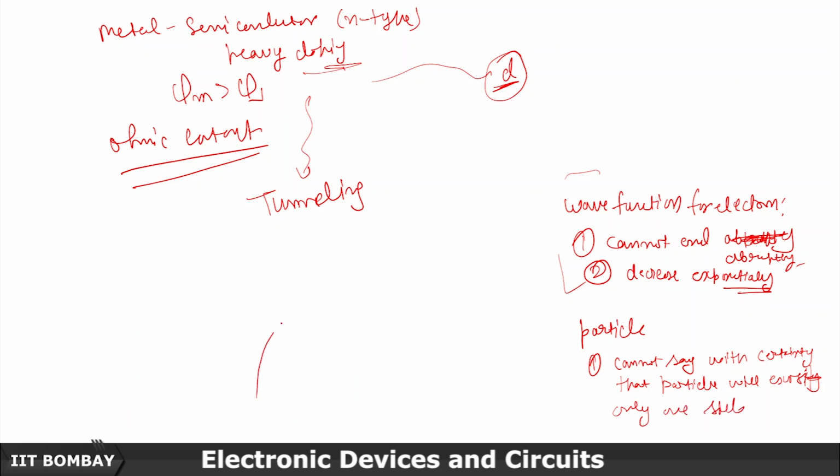So if it is a wave function, something like that, and this barrier is there, some probability has to be there, right? And there is no classical analog for this tunneling, as I said. So this is the reason why we can still convert them to the ohmic contact.